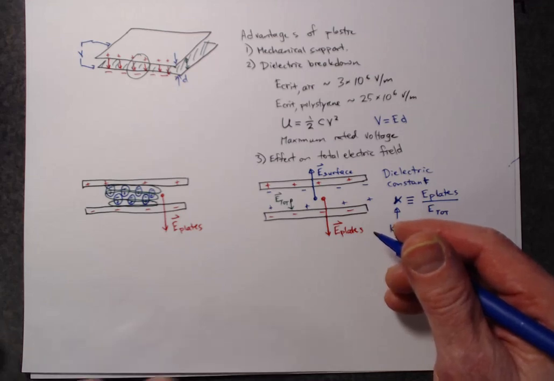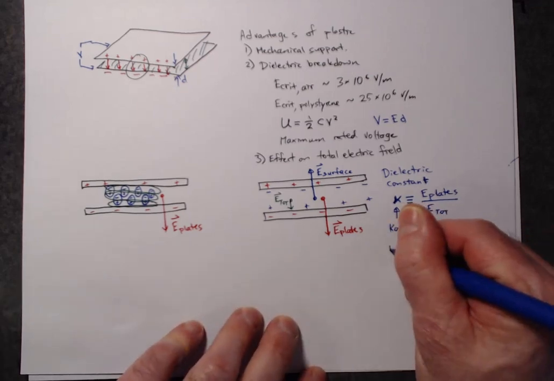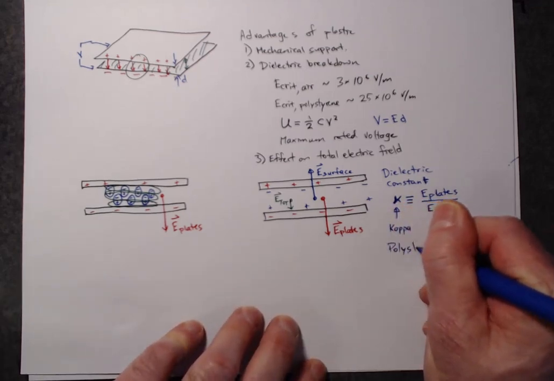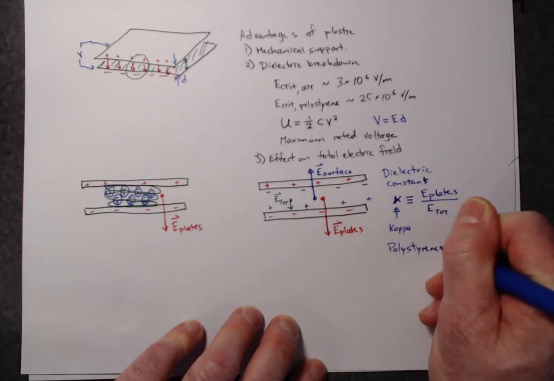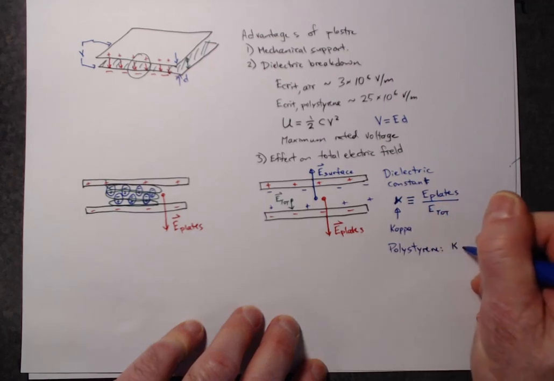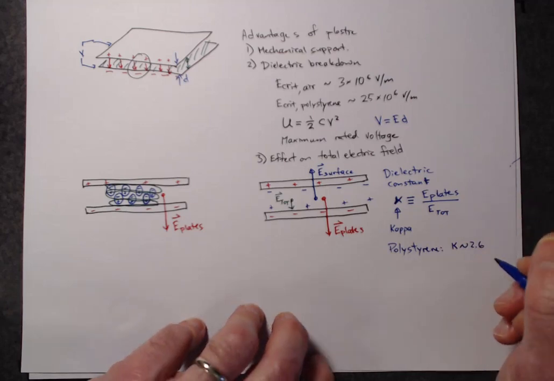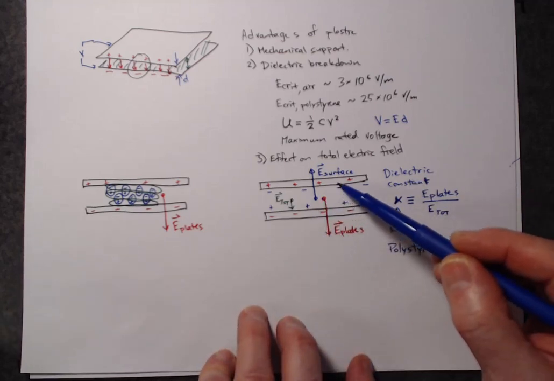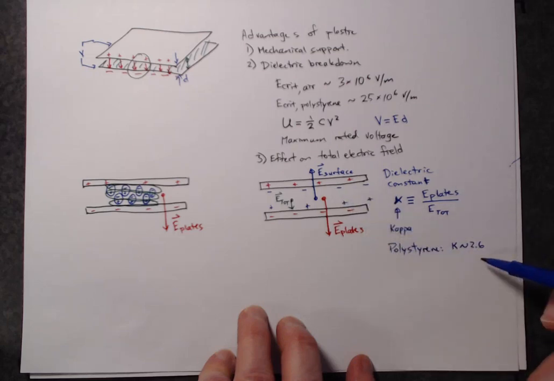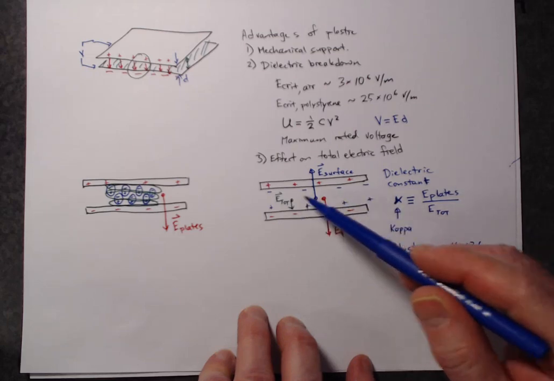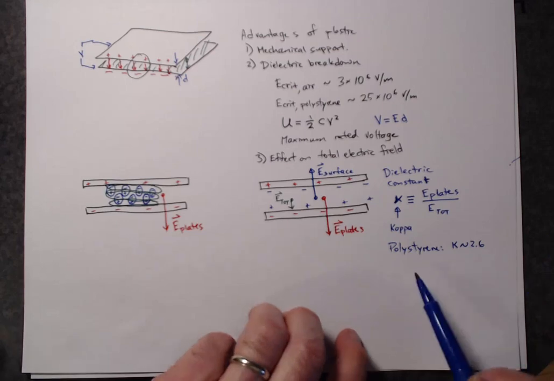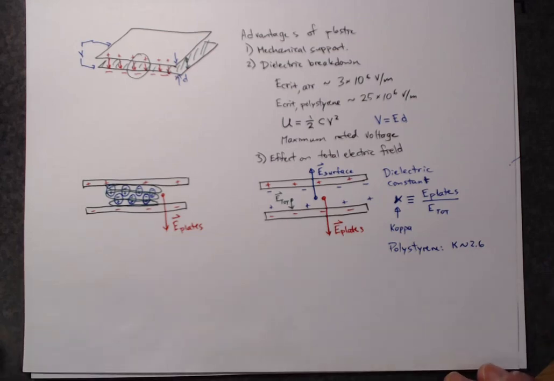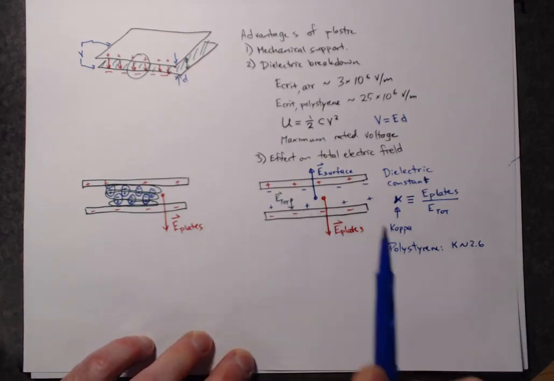In fact, for polystyrene, kappa is about 2.6. So that is to say the total electric field between the capacitor plates is reduced by a factor of 2.6 by the effect of the polarization of the polystyrene molecules. Now, what effect does that have on the capacitance of this capacitor?